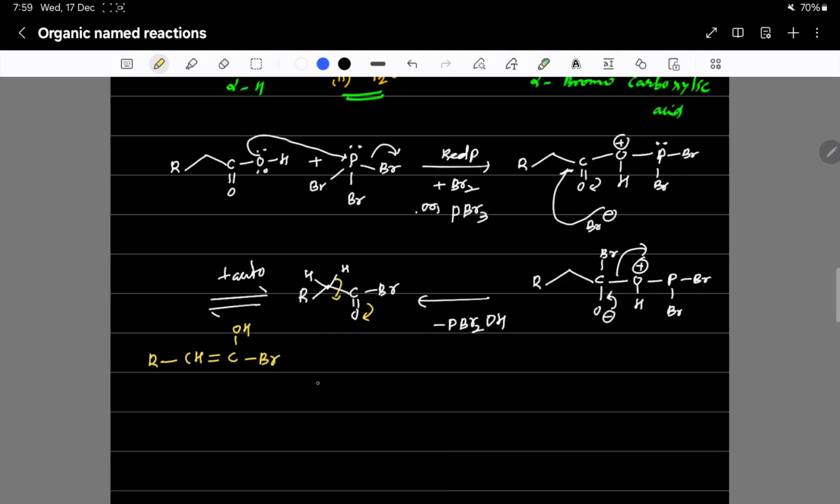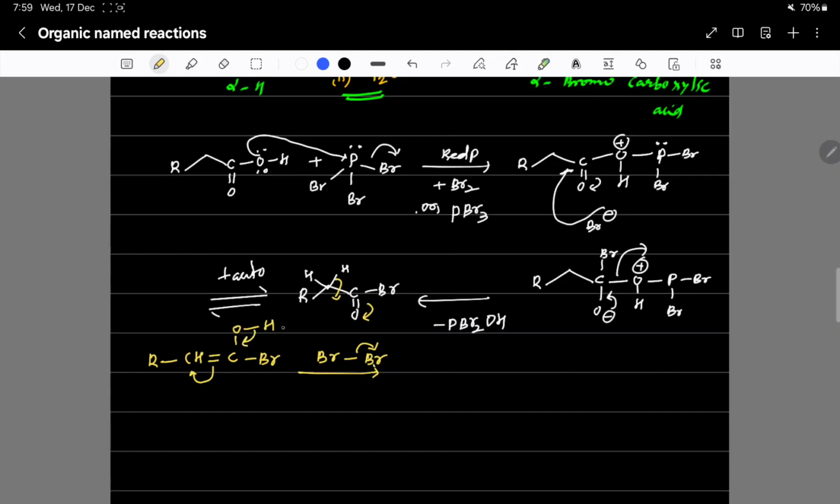Now again this reacts with Br2. This will leave as Br minus, right? Now look, student, you can write the product like this. This bond will be shifted here, and this will be shifted.